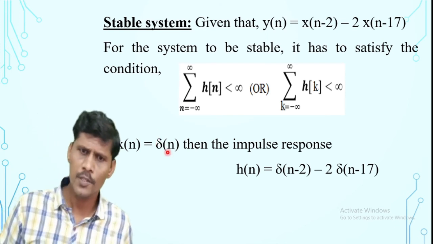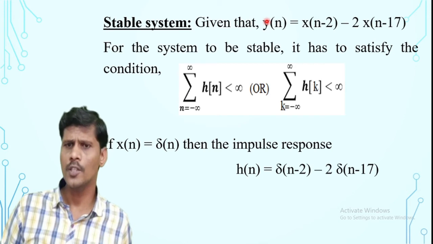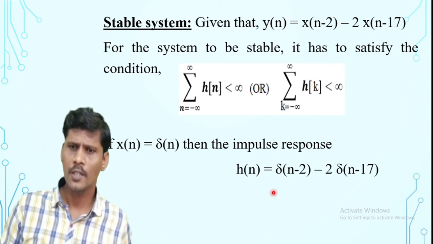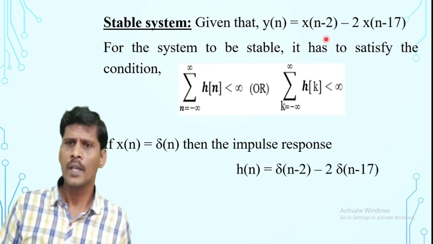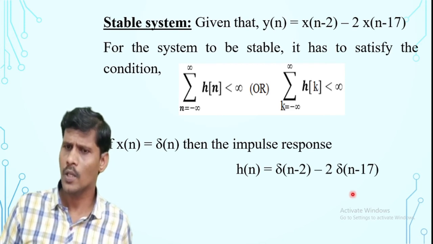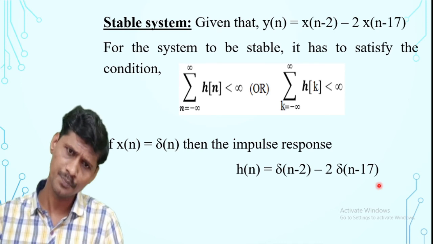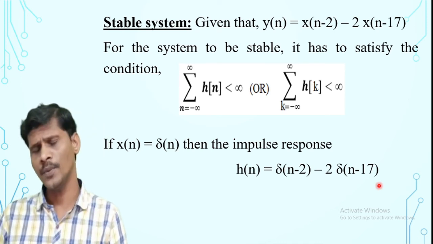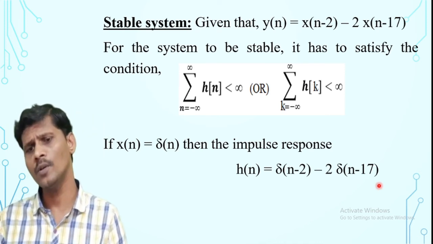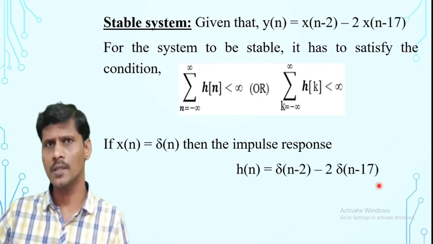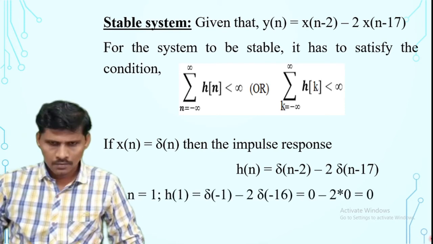Substitute x of n is equal to del of n and y of n is equal to h of n into the given equation. Then the impulse response h of n is equal to del of n minus 2 del of n minus 17. In this equation, substitute n from minus infinity to plus infinity and find h of n.